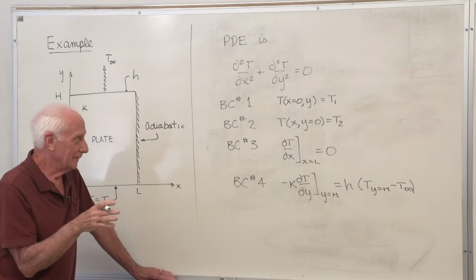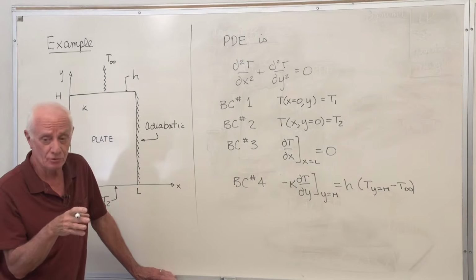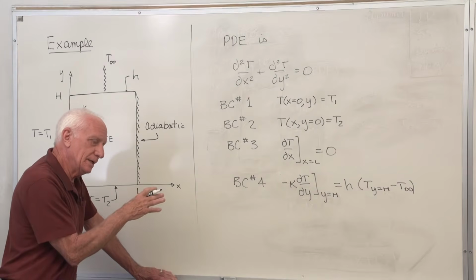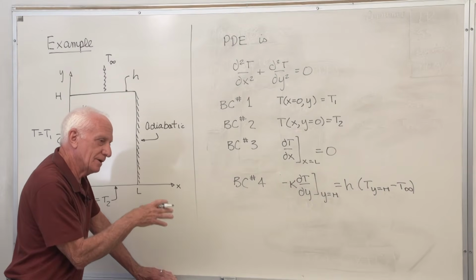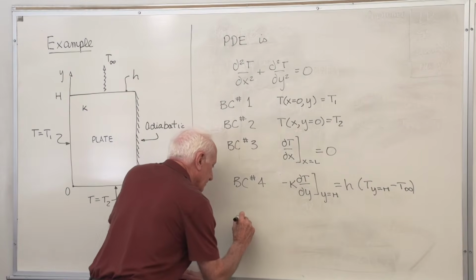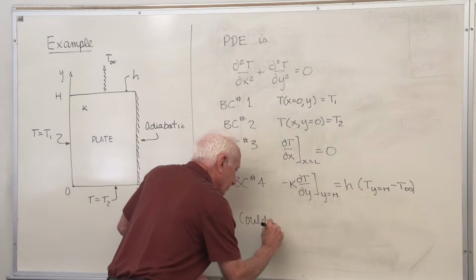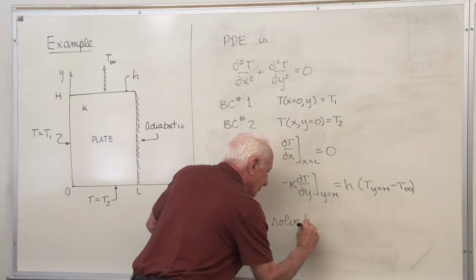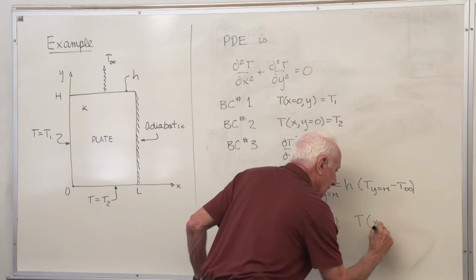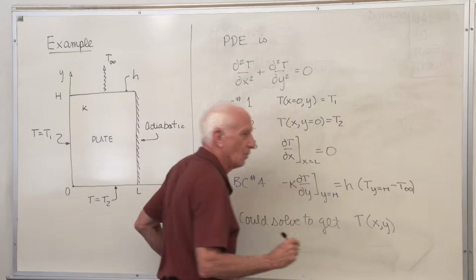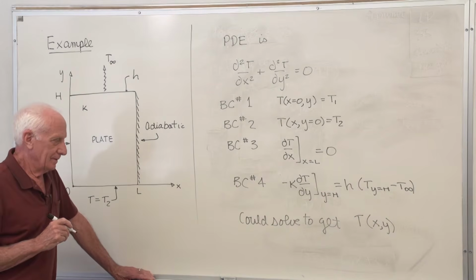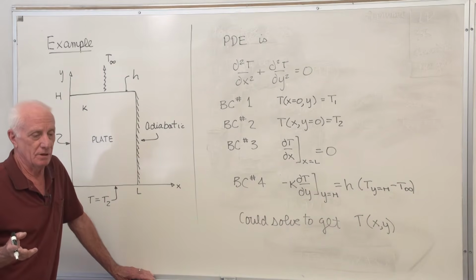Now, that's how the problem is properly posed. When the problem is properly posed with the governing PDE and the boundary conditions, theoretically, we can solve it. And if we could solve it, we'd get temperature as a function of the 2 variables X and Y. And then we could find heat transfer, Fourier's law.